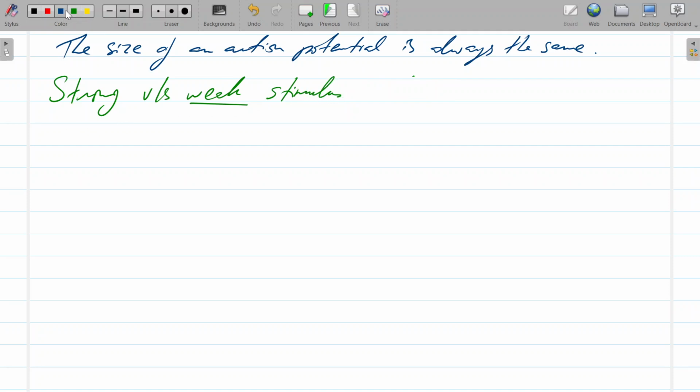And so I'll be brief because it's not part of the Edexcel syllabus. It's not mentioned, at least in this chapter.